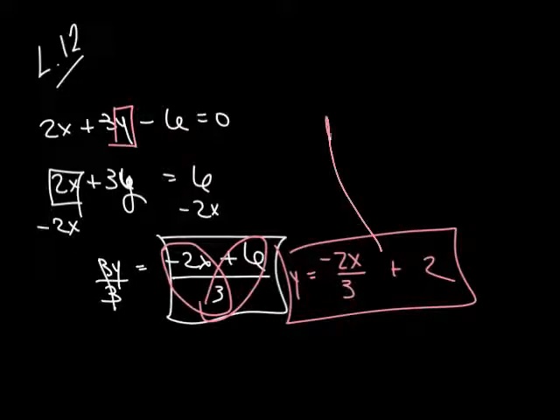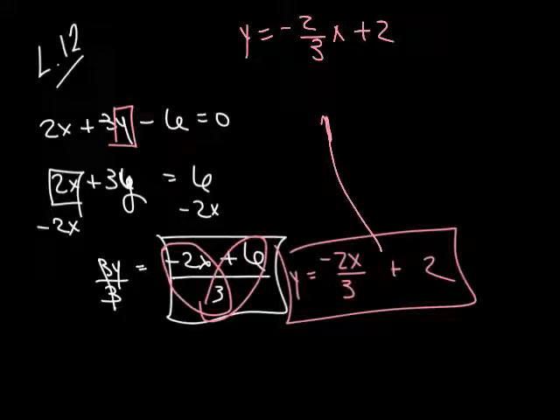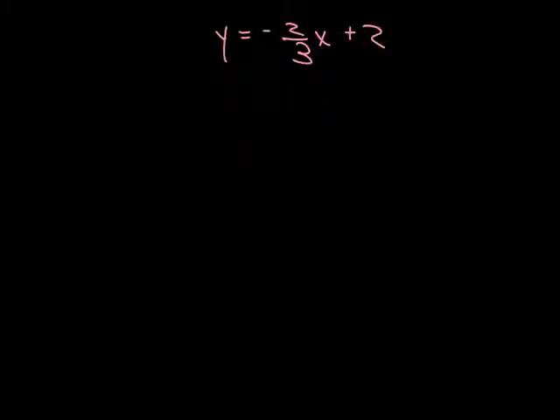So I'm going to put this up here, kind of out of the way. Like that. And let's see if I can get rid of this other stuff that's in my way. So again, this is called the slope-intercept form, and it's always written y equals mx plus b.